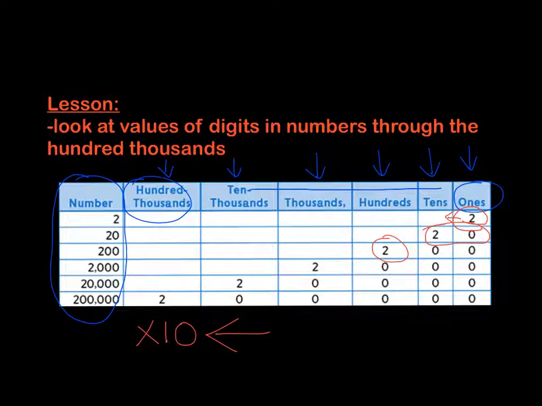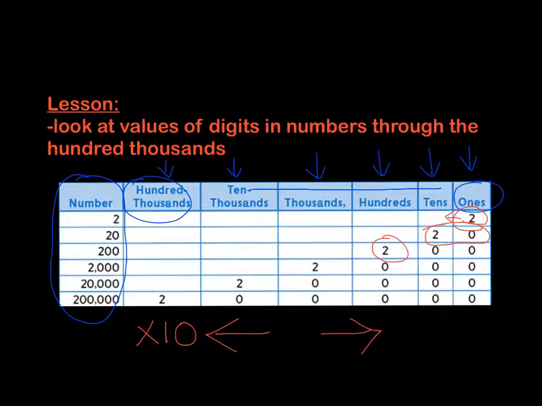If we travel to the right, what do you think we're going to do? What would be the opposite of multiplication? Hopefully you're thinking division. So if we divide by 10, does that work?